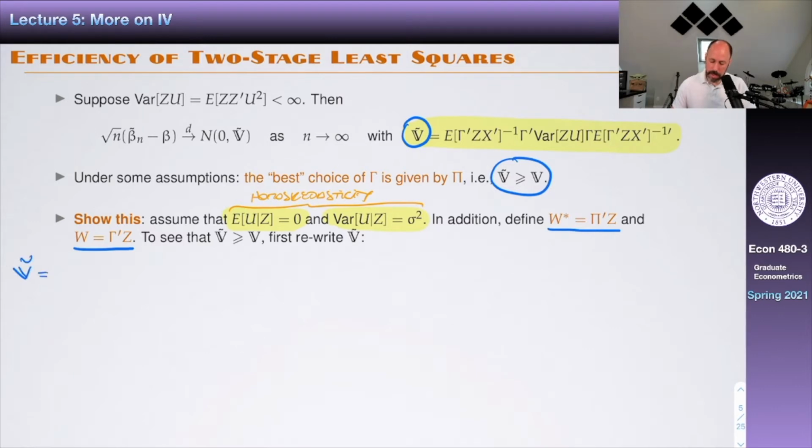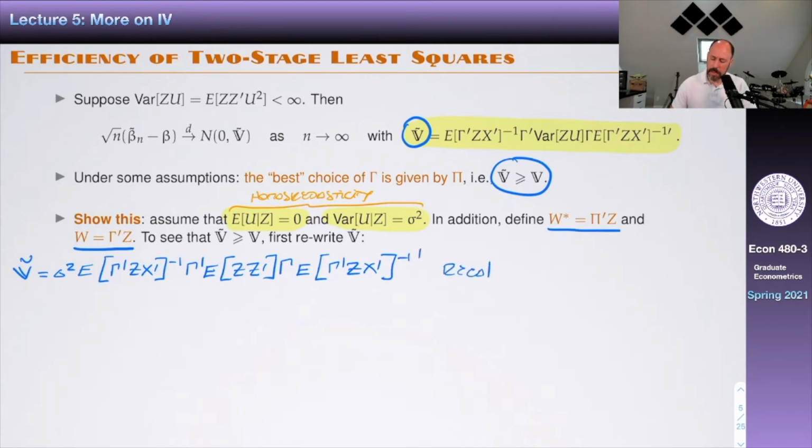So B tilde here is going to be sigma squared times the inverse of the expected value of gamma prime z x prime, times the expected value of gamma prime z z prime gamma, times the expected value of gamma prime z x prime inverse, prime. And recall that x was phi prime z plus v, with the expected value of z v prime being 0.